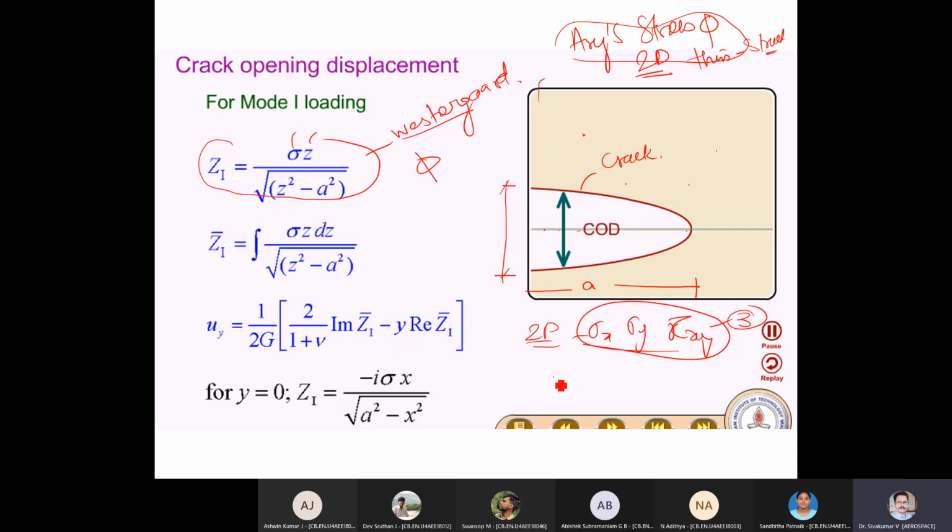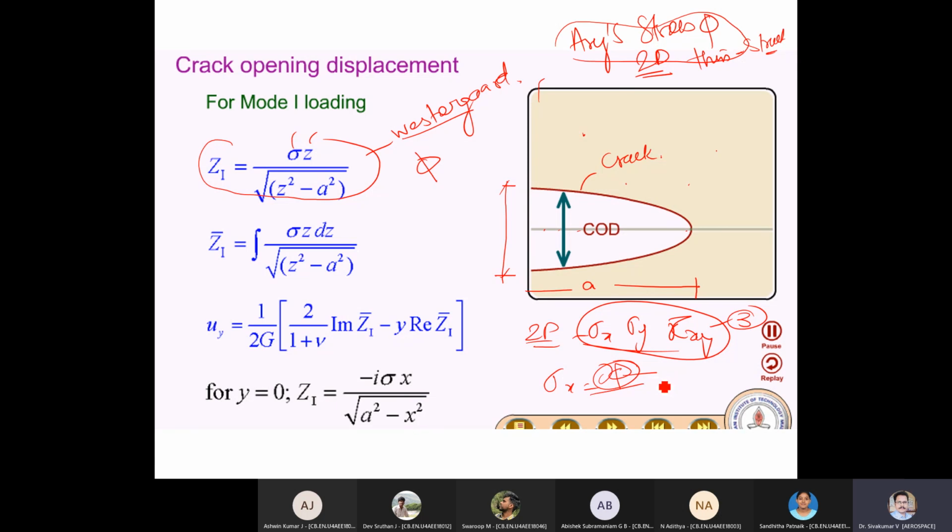For sigma x to be solved, Airy's function talks in terms of phi. He will give solutions that we'll see later. So we need to have phi. What is this phi? The Airy stress function. I hope I'm not confusing you, because you might have come across these terms in your earlier studies.